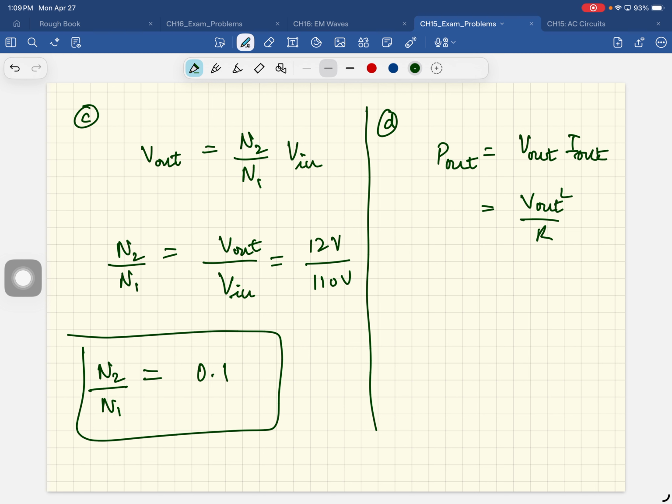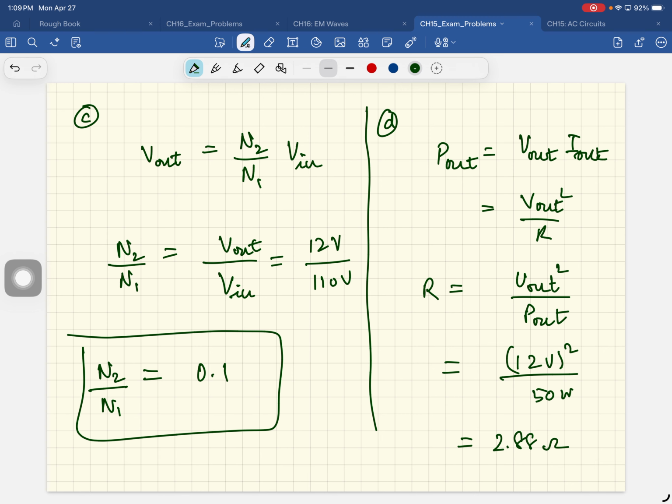And so the resistance of the train is V squared divided by P out. And that was 12 volts squared divided by 50 watts. Okay, roughly 3 ohms, 2.88 ohms. Yep.